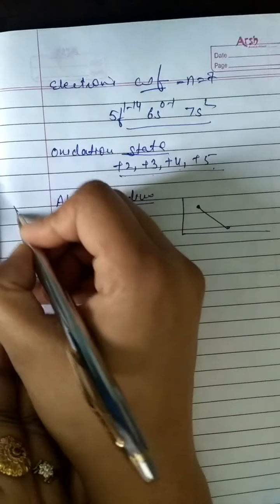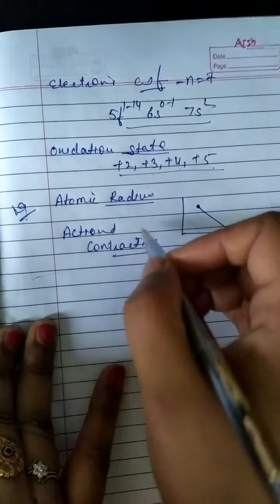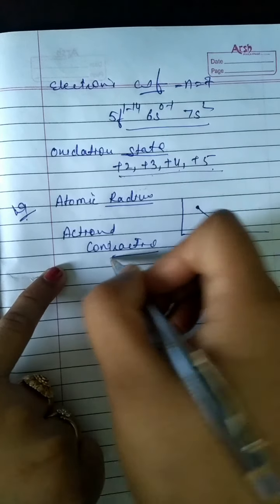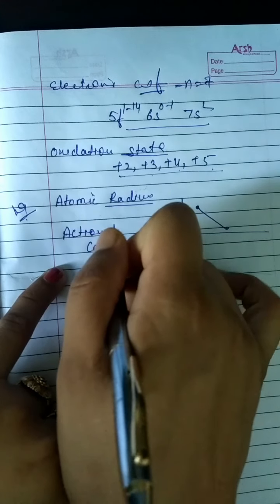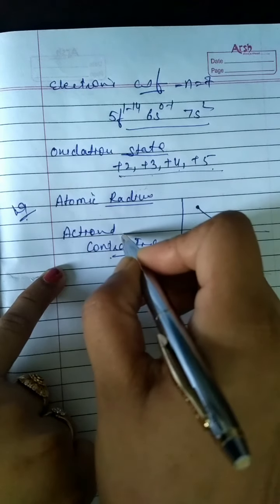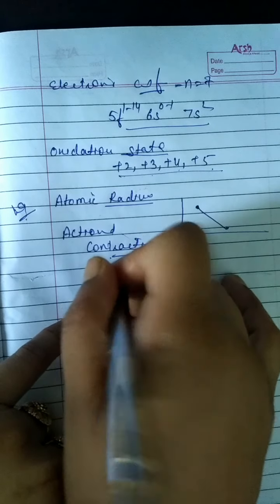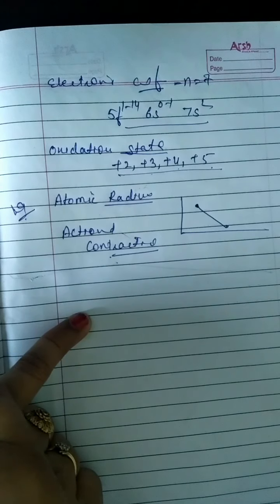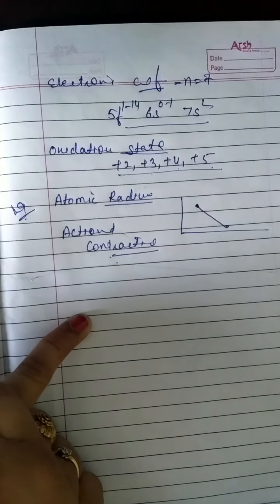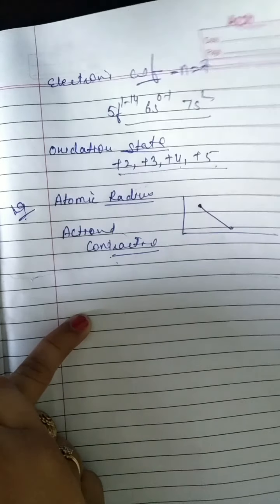In the lanthanoid series, it is called the lanthanoid contraction. But here the first element is actinium, the series is called the actinoid series, and the contraction is called the actinoid contraction. Due to the diffuse shape of the f orbitals, they have less screening effect and atomic size decreases. This is called actinoid contraction.